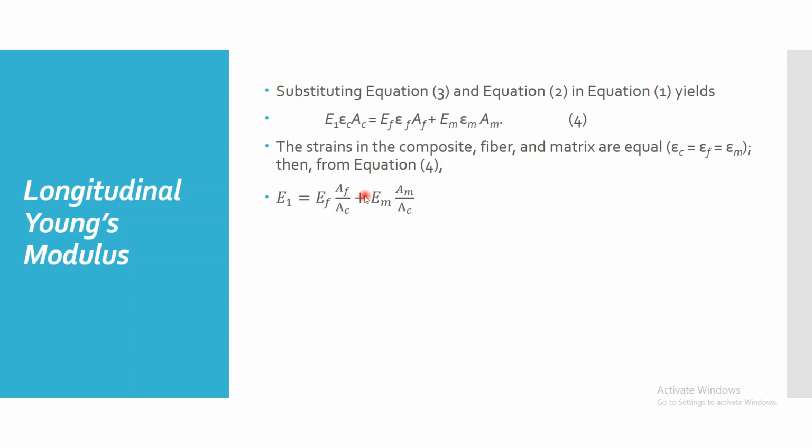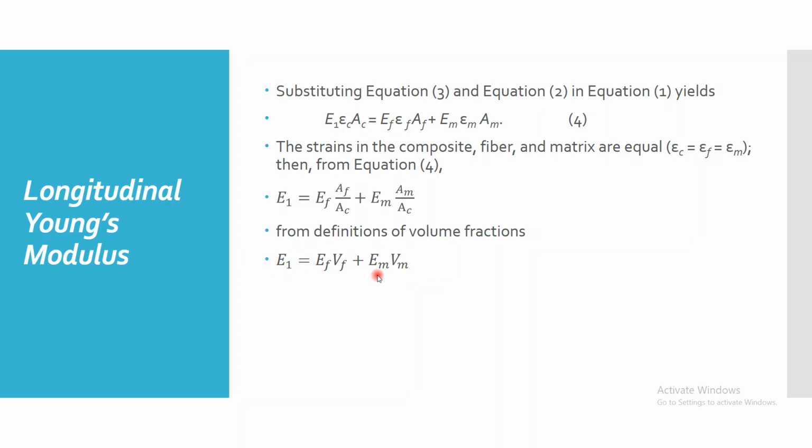If I multiply the length factors, then it becomes Vf divided by Vc, Vm divided by Vc. So Vf divided by Vc and Vm divided by Vc is nothing but volume fraction. So the final equation of the longitudinal Young's modulus is E1 equal to Ef into Vf plus Em into Vm. Okay, this is what we require in this derivation. That is the longitudinal Young's modulus.